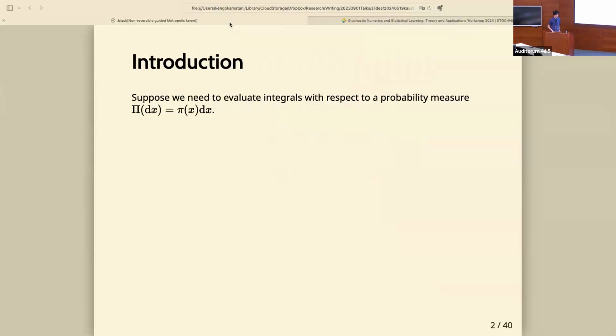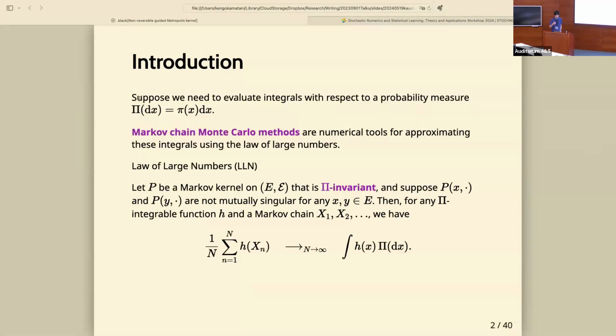Since we are interested in Monte Carlo methods, there is a target distribution, which we write as π(x)dx, and we want to approximate integrals with respect to this distribution. In Bayesian statistics, this is the posterior distribution, so it's very complicated.